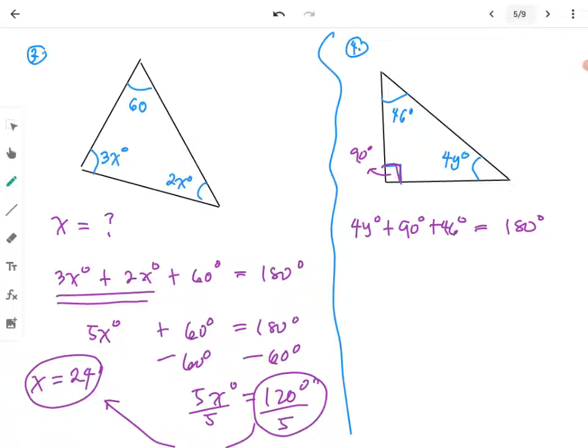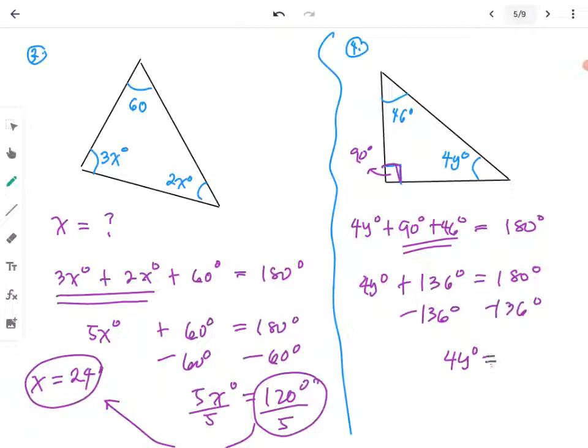If we combine 90 and 46, that will give us 136. Subtract both sides by 136. We are left with 44. Dividing both sides by 4, y is 11. So that's how easy it is.